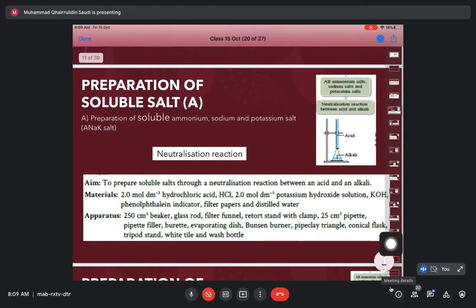Mesti menggunakan neutralization reaction between acid plus alkali. So you will get salt, which are soluble, plus what are another product? Water, good. Ini adalah reaction yang akan berlaku.